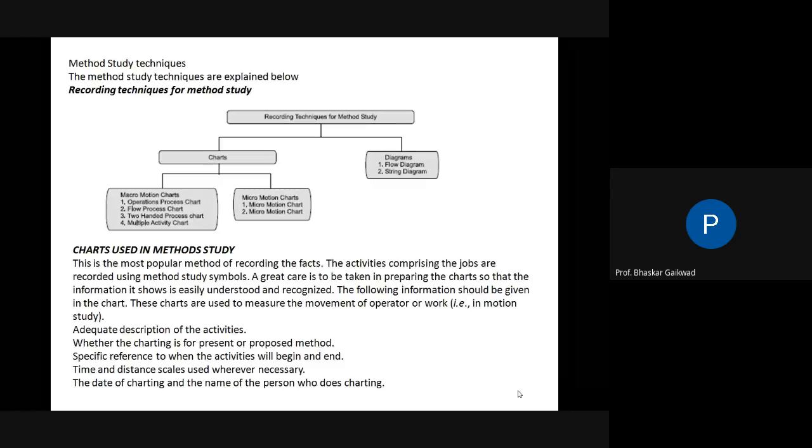You can take any industry. There is a need of method study, and step by step we have to go for improvement in the existing method. Whatever is presently going on, you have to get it improved. And how to get it improved? For this purpose, we require the knowledge of method study.